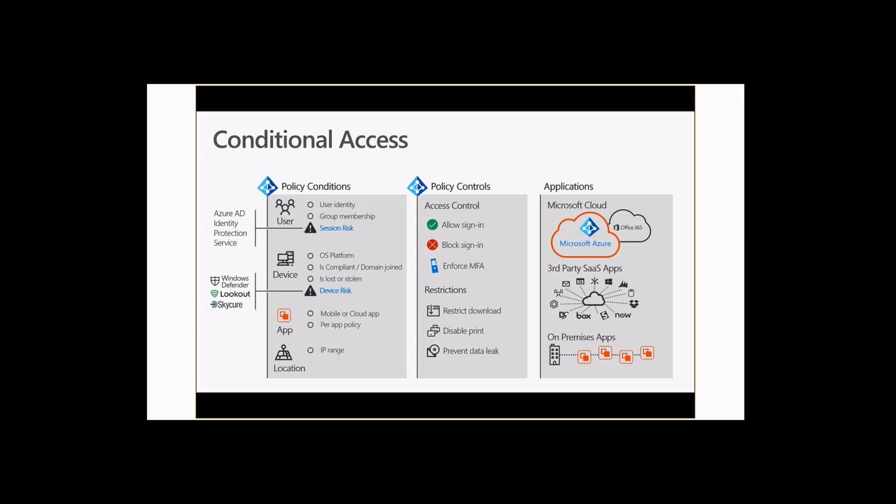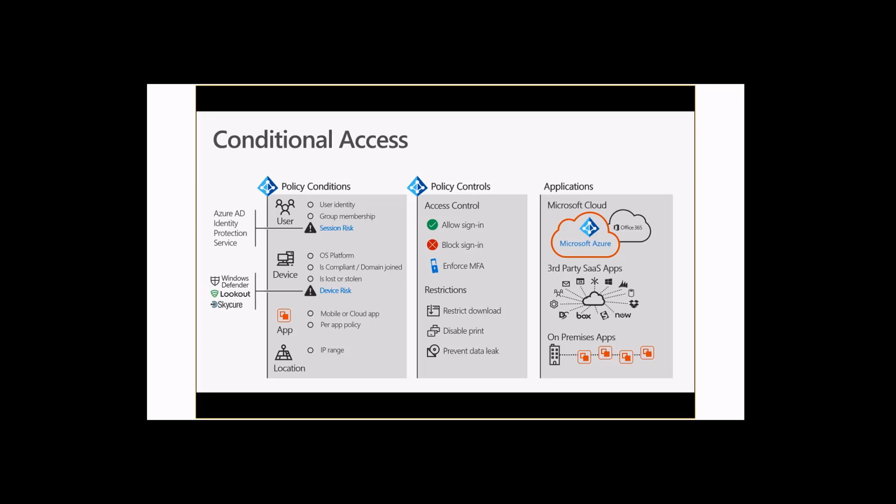So we can identify through Azure Active Directory whether or not the user's information is at risk. Maybe their credentials have been compromised and you don't want to provide them access to company data if their credentials have been compromised. Or maybe they have applications that are risky or malware. With our partners Windows Defender, Lookout, and Skycure, we can detect whether or not applications that are installed on devices are risky.